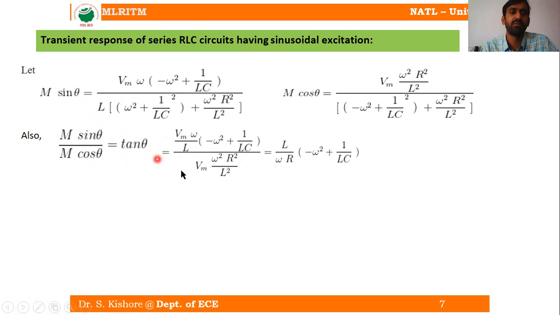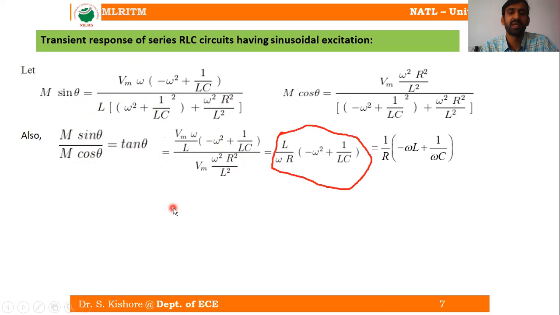We know that tan theta, if we cancel m and m, is sin by cos, which is tan. So we simplify this equation and come across L by omega R into minus omega square plus 1 by LC. This is going to be our tan theta expression. From this, we can write the value of theta.